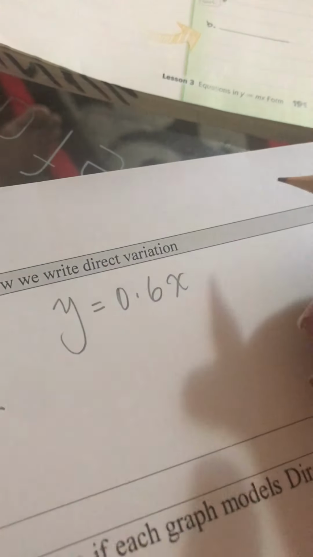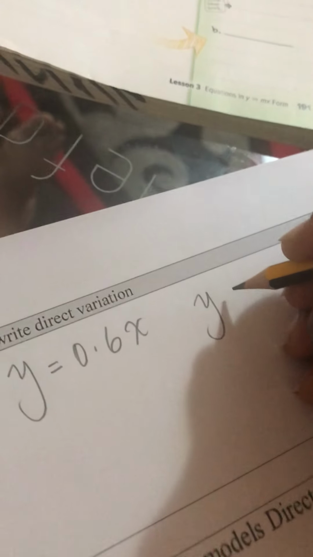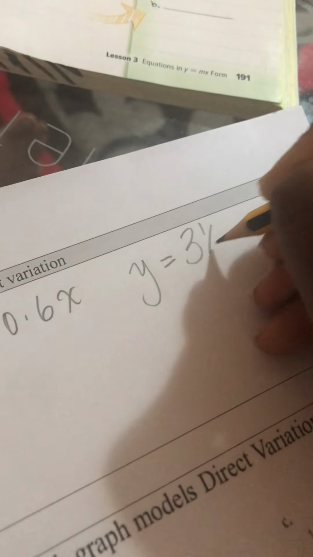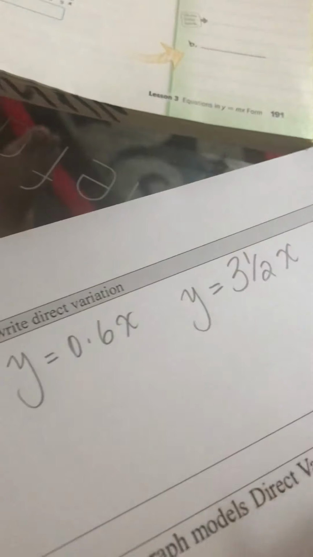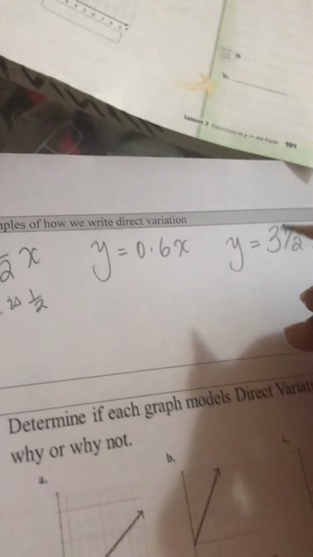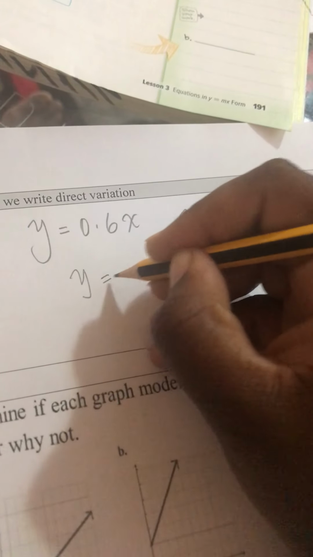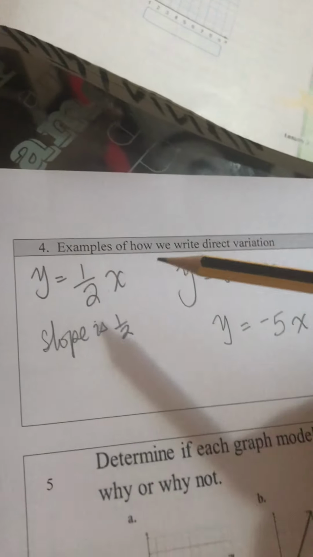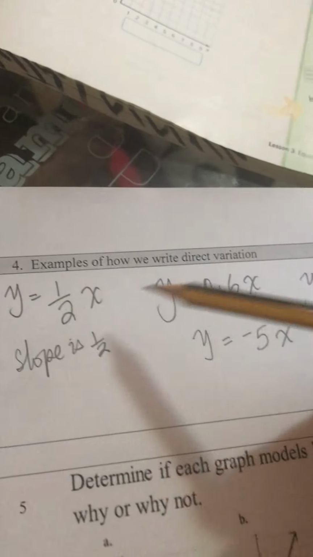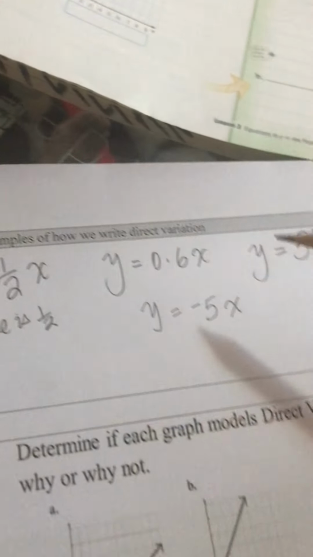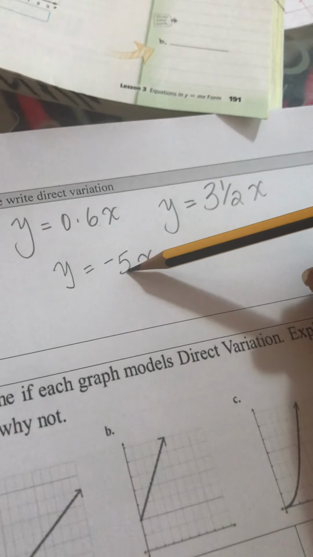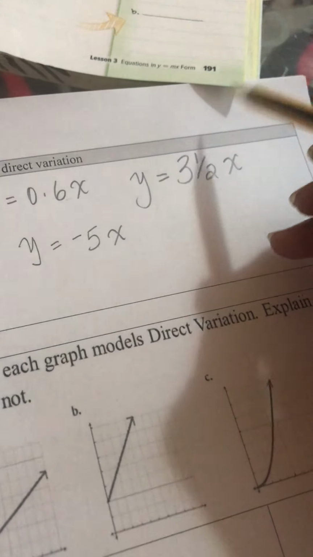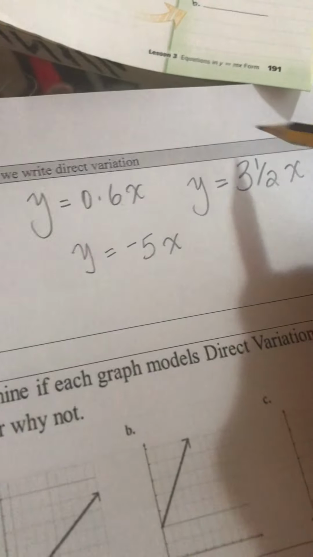You can write it as a mixed number. You can write it with a negative integer. So it can be a fraction, a decimal, a negative, a positive, a mixed number.